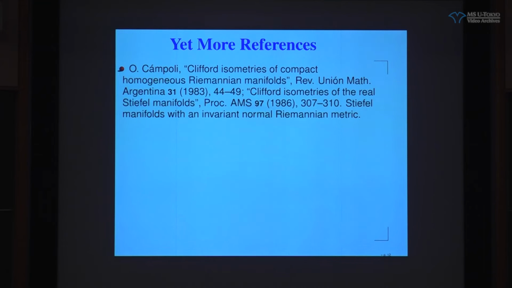Okay, so here are some references on that. So the first one was Oscar Campoli, who looked at isometries of constant displacement on Stiefel manifolds. There are a few problems with this paper, but the idea was correct.